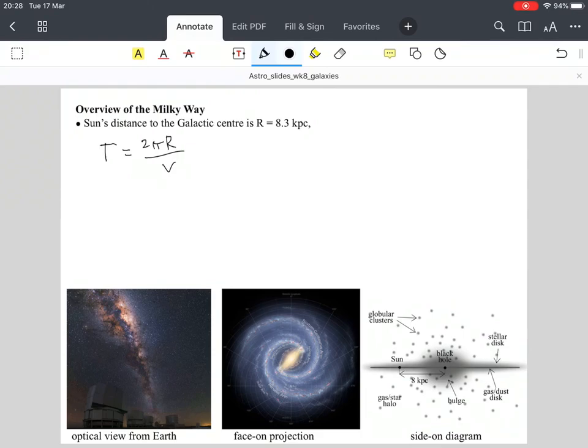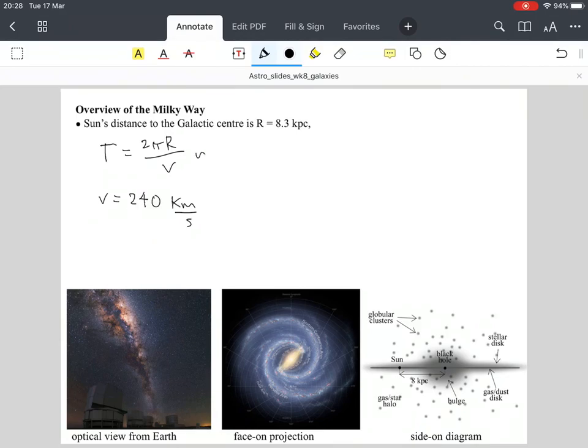And we can determine, again from the motion of other relative stars, that the speed that our solar system and also other stars are doing is about 240 kilometers per second.